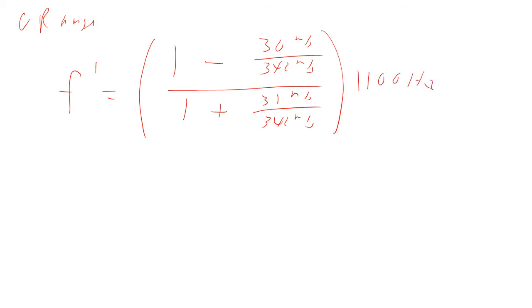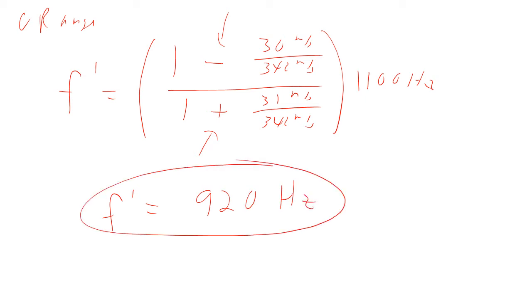Minus because it's going away, plus because going away. Okay, remember in the numerator, the upper sign is for towards, the lower sign is for away. In the denominator, the upper sign was for towards, the lower sign was for going away. So you plug all this in, the driver of the orange car hears a tone of 920 hertz.